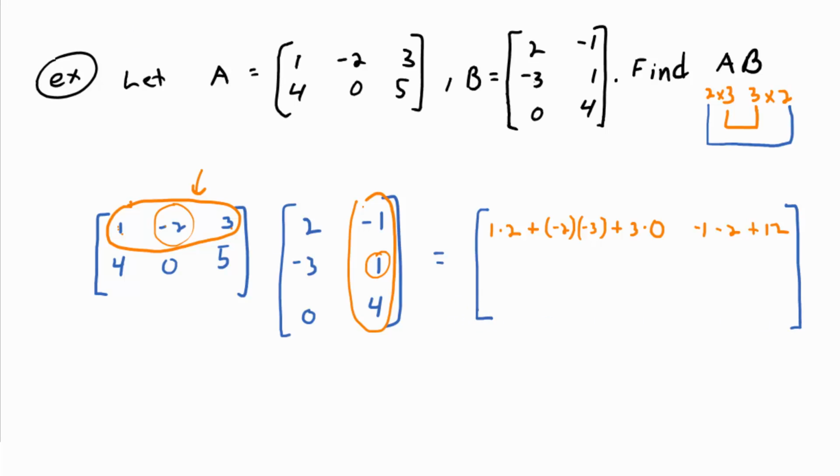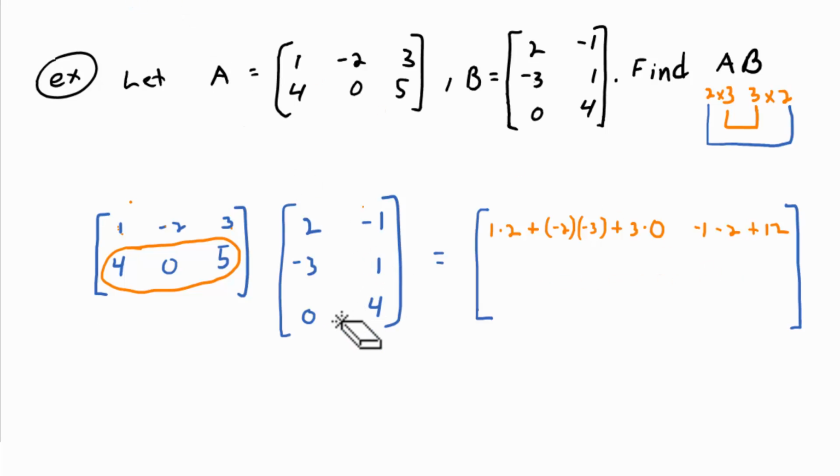Now, to get the lower left-hand entry, you're going to start over, but with the second row in the first matrix circled. So you circle the 4, 0, 5, and then you get the second row in the product by doing the same process, only you multiply the second row in A times both columns in B. So to get the lower left-hand entry, you multiply the second row in A times the first column in B. What do you get individually? 4 times 2, 8.